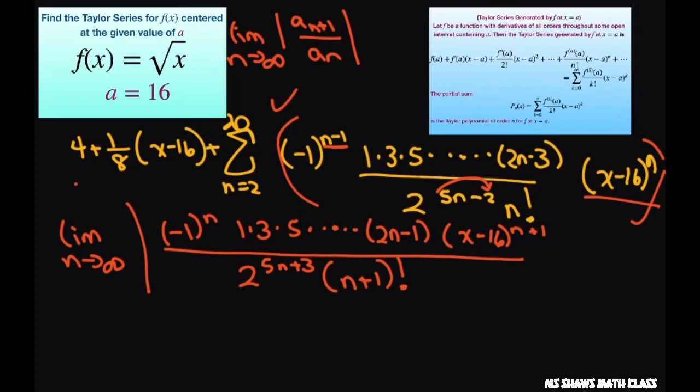Now, what I'm going to do is I have to divide by a sub n, and that's the same as multiplying by the reciprocal. So I'm going to put it down here, because there's no room on this to write it.